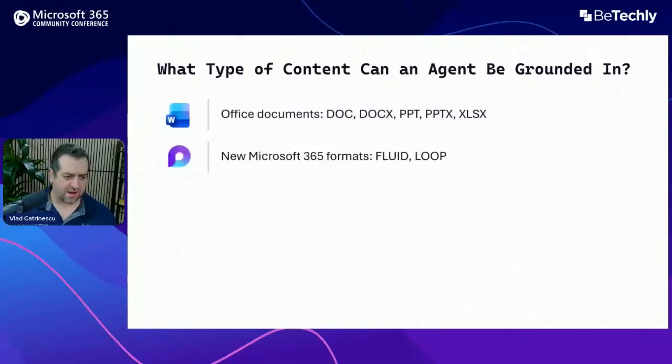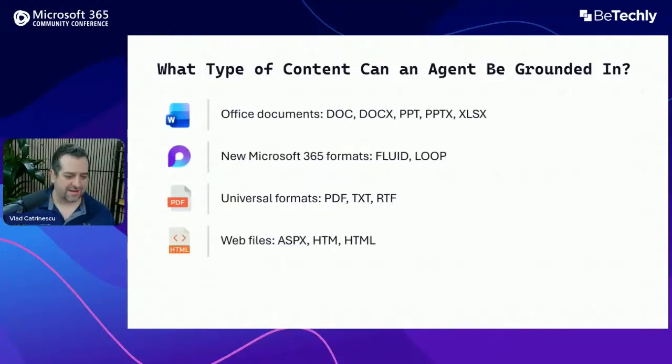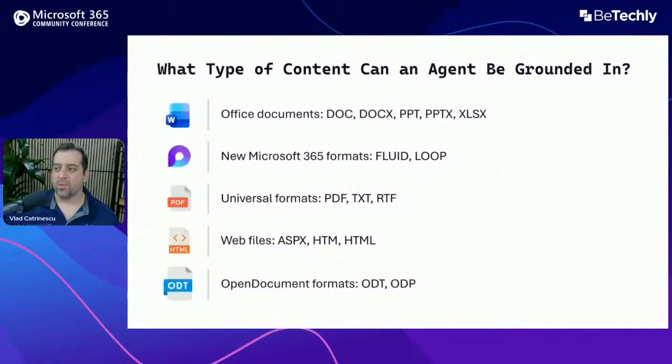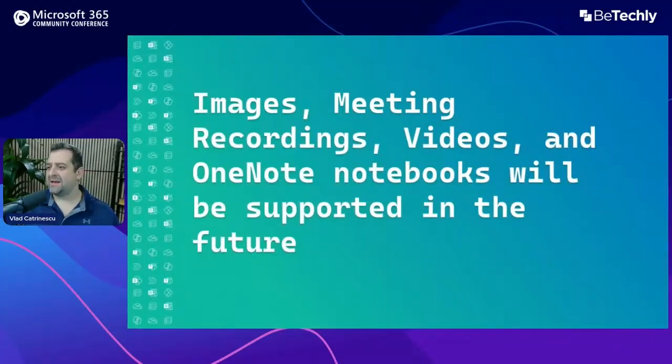All your Office documents, your Loop files, your Fluid files, so all the new M365 formats, the universal formats like PDF, TXT, RTF, HTML, ASPX, things like that, and open document files. SharePoint pages cannot be added as a grounding source yet. And other sources like images, meeting recordings, videos, and OneNote notebooks will be supported in the future.